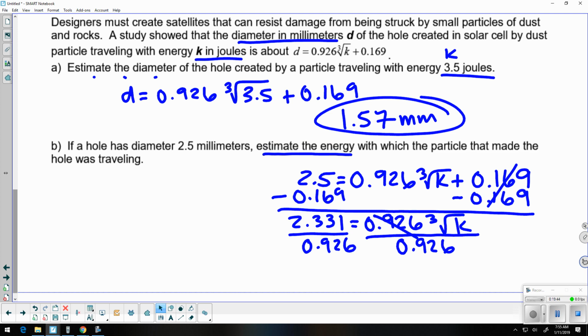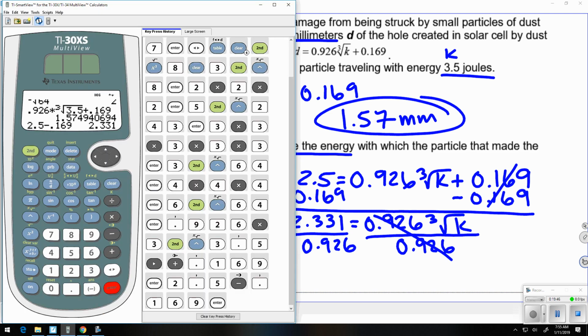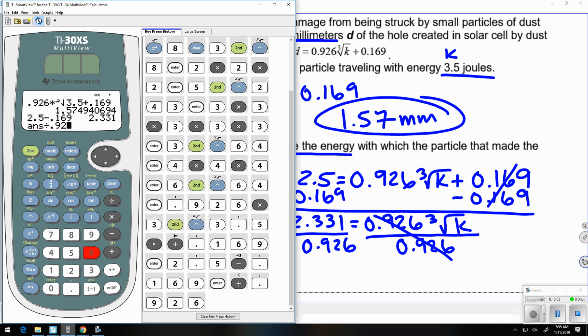I feel like that's not going to be a really pretty number, so I'm going to take this result, 2.331, and divide that by 0.926. Like I said, it's not going to be a pretty number. I'm going to write it down anyway, but keep it in your calculator. Don't clear out your calculator. Keep that number all intact.